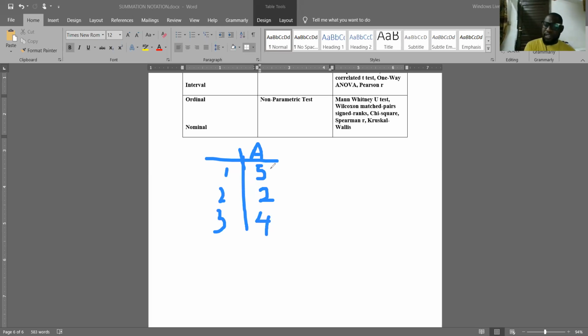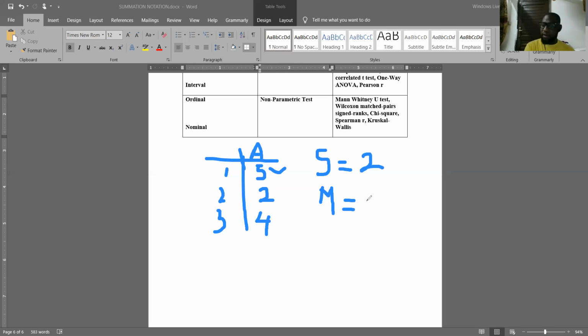I need to transform these scores, 5, 2, 4, into z-scores. For me to do that, I'm supposed to calculate the standard deviation and the mean of these scores, the sample mean and sample standard deviation.